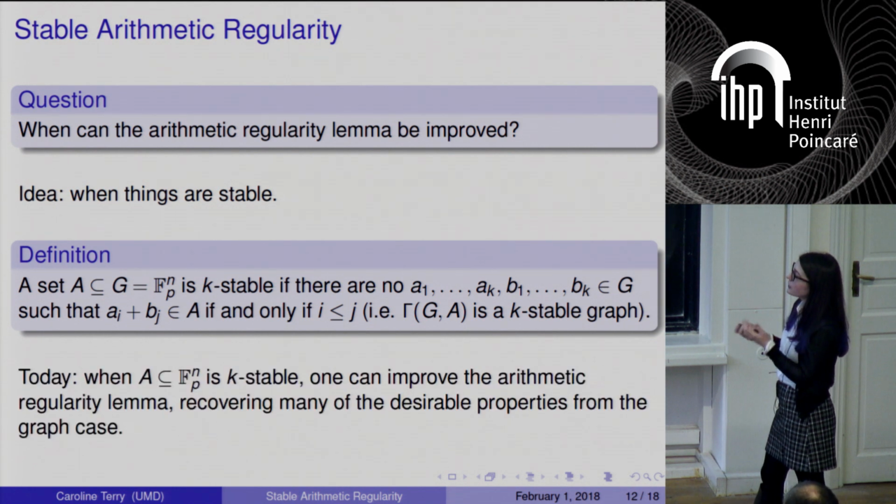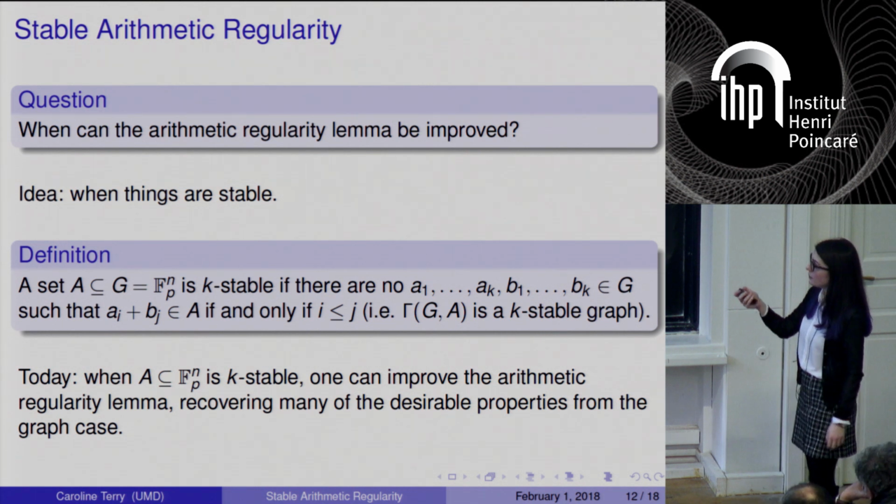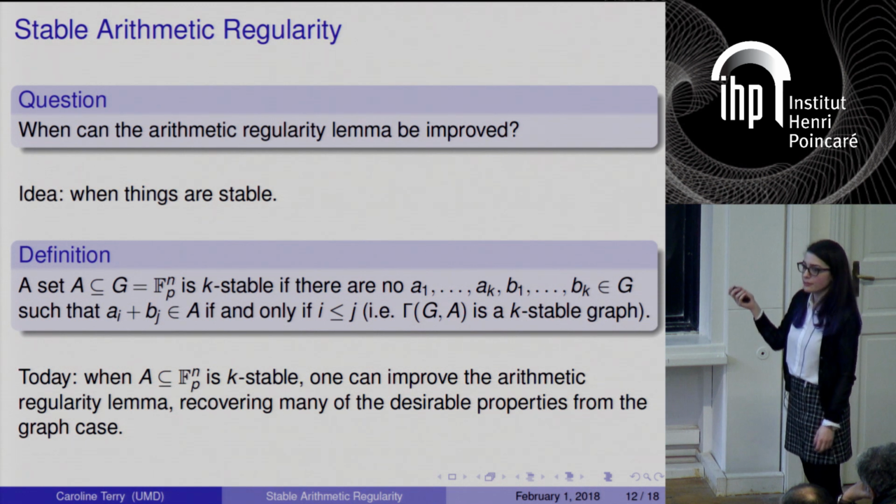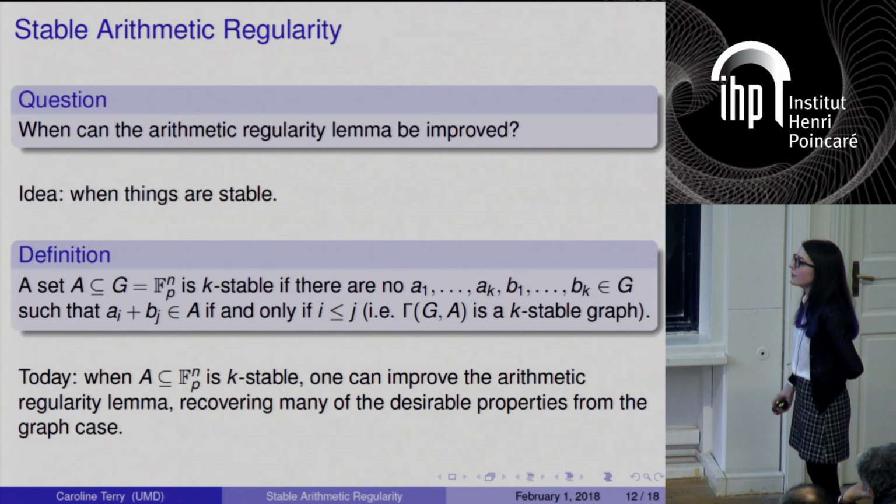So today what we're going to show or state is that when A is k-stable, one can improve the arithmetic regularity lemma, recovering many of the properties from the graph case, where this is our notion of k-stable.